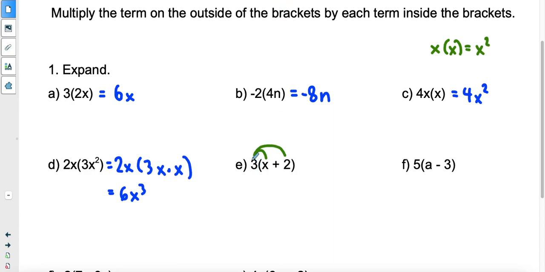So I'm going to take the 3 and multiply that by x, and I'm going to take the 3 and multiply that by 2. Three times x is just 3x. 3 times 2 is just 6. So my answer here is 3x plus 6.